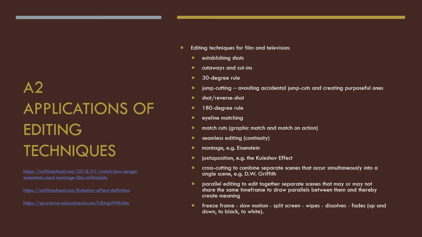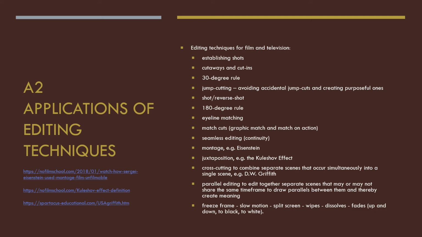That way, everything is kept within the context of the camera lens and how this camera is operating. This 30-degree rule obviously is not a hard and fast rule, but it is used more often than not in films. So it's about the movement of the camera.